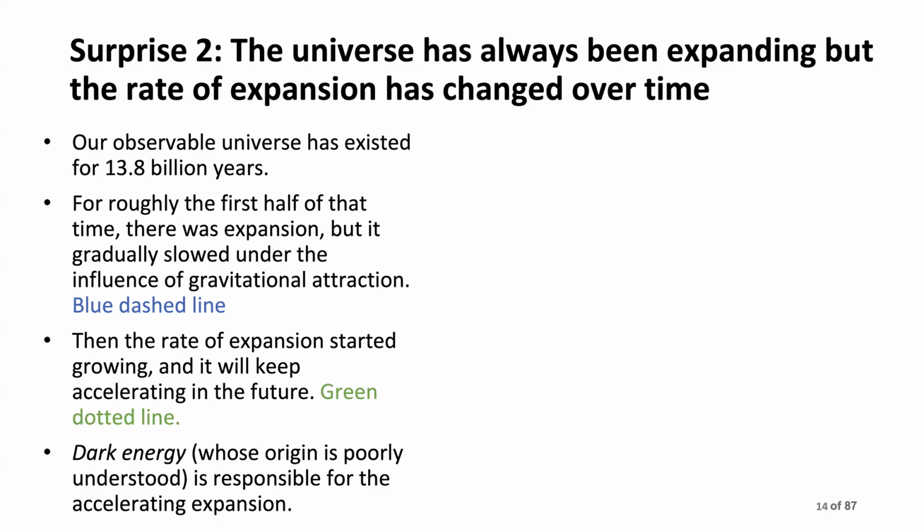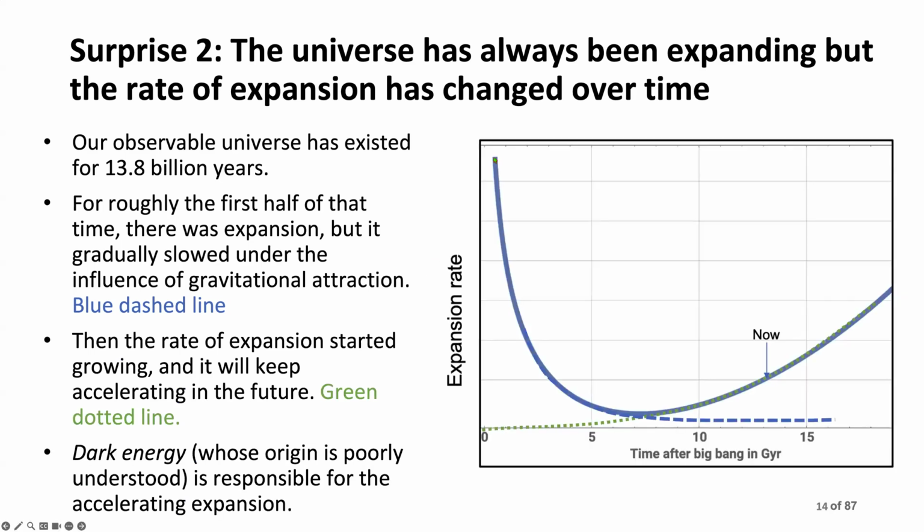And let me show, so in the early days, this is the time of the Big Bang, and here we are now at 13.8 billion years. In the early days, the expansion was much, much larger than it is today. But gradually, over time, the gravitational effect in a small universe is dominant. It forces the expansion rate to decrease.